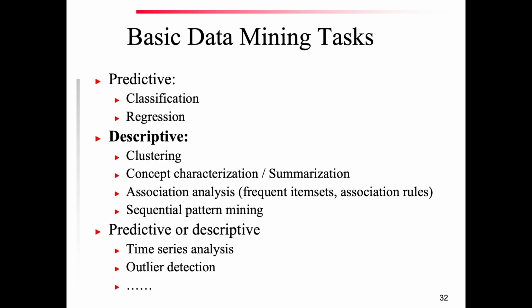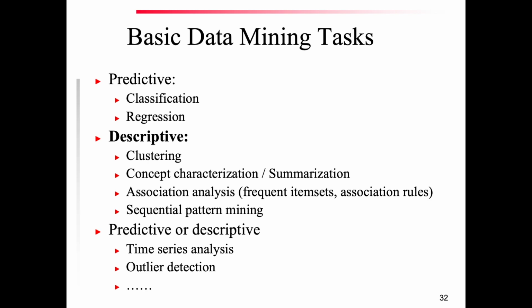For example, clustering, when you are grouping your data into different clusters and sections. Or for example, concept characterization, we'll talk about it later. Association analysis, like frequent item sets, association groups, and sequential pattern mining, like when you can mine data based on the sequence of patterns that you find in the data.